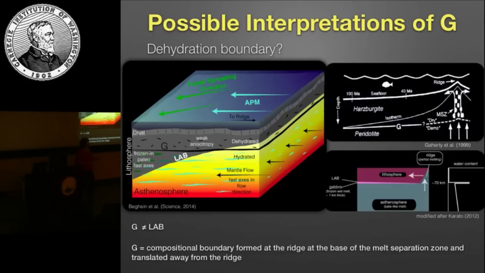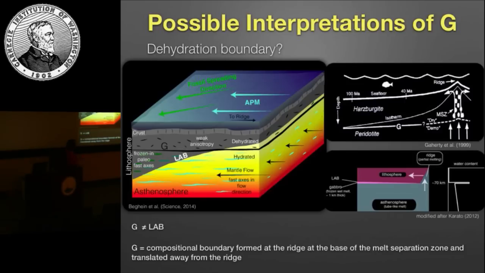So what could cause this? We now have evidence that the Gutenberg discontinuity is not the lithosphere-asthenosphere boundary. It's inside the lithosphere, and it follows a change in the seismic anisotropy.